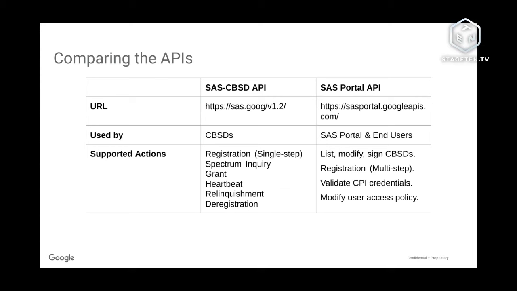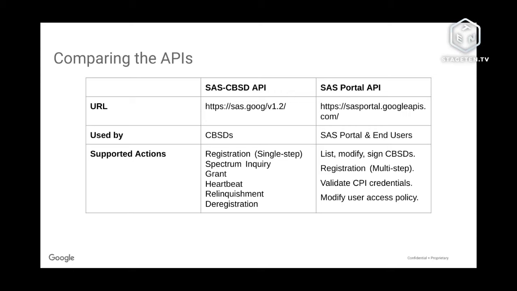You're probably familiar with this API if your device vendor requires you to enter the SAS URL in their interface. Right? So we provide you with the SAS URL of sas.goog/v1.2. Right? And that's a URL that is designed to receive requests from CBSDs or domain proxies.